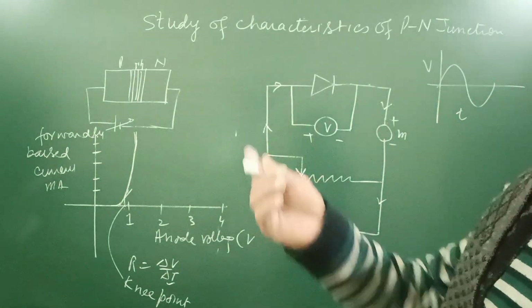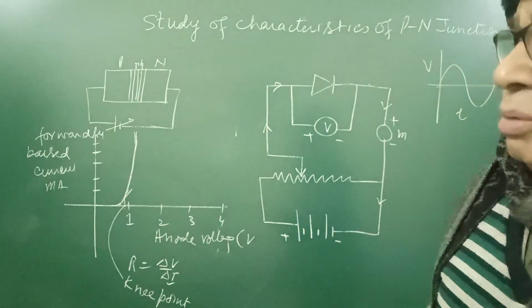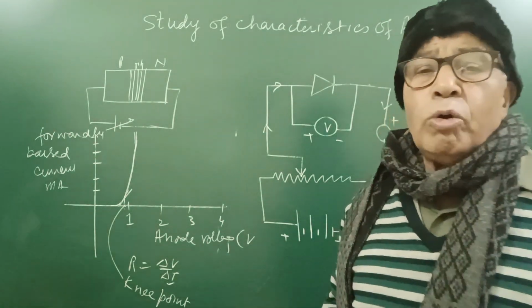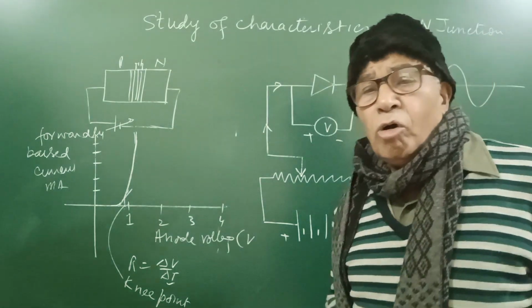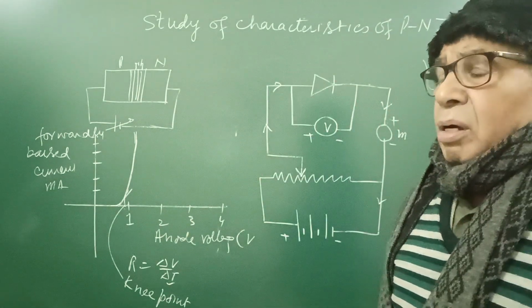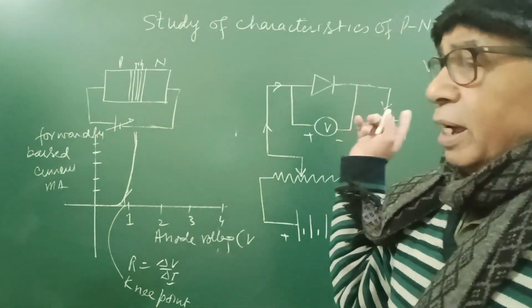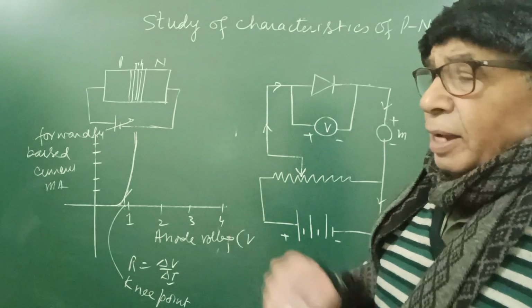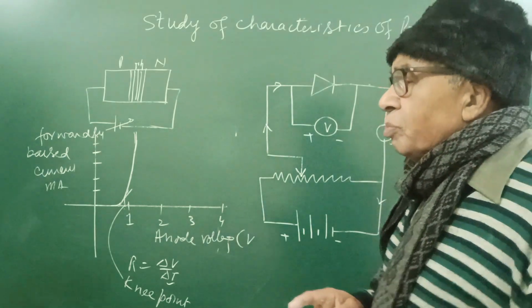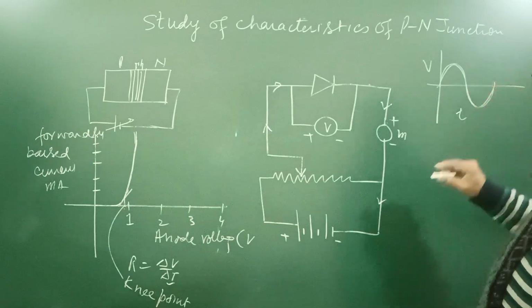I have told many times that our antenna receives electromagnetic waves because of the electric field of the electromagnetic wave. Alternating current is produced in the antenna, which is carried to devices like TV or radio. If that voltage is very regularly periodic in time, that is called an analog signal.